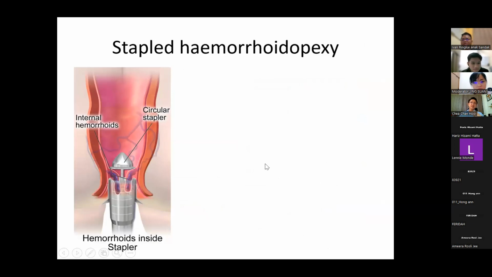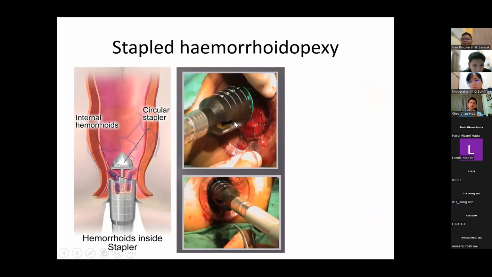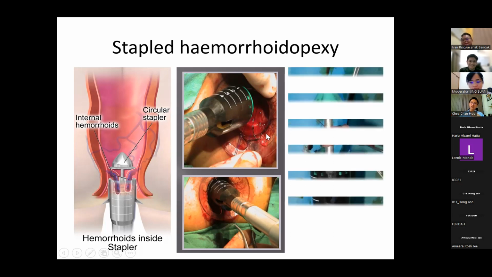The other method is stapled hemorrhoidopexy. So there's an instrument that looks like a gun that is applied into the anorectal canal, with the help of some sutures that we apply inside. So the device is created in such a way, together with the sutures that the surgeons apply inside.